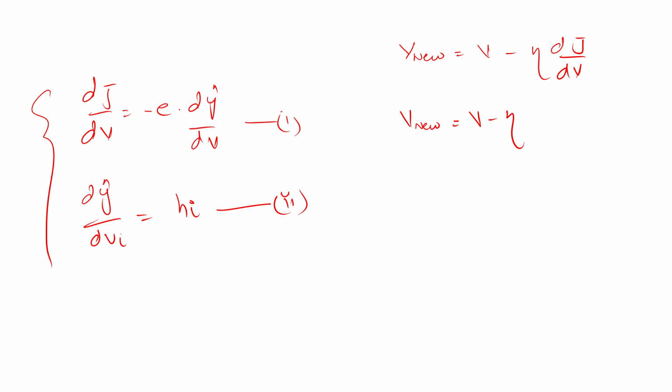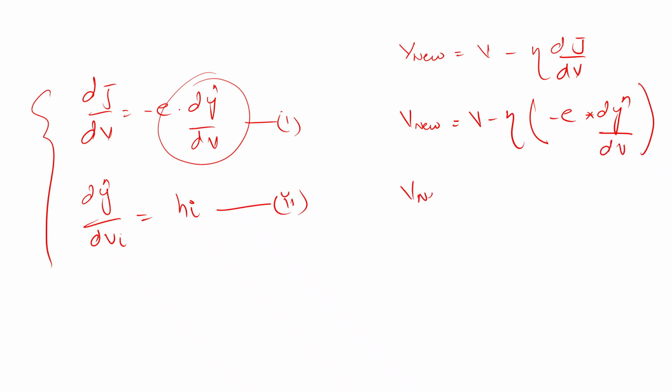So we know this, dJ by dv is equal to minus e times dy hat by dv.